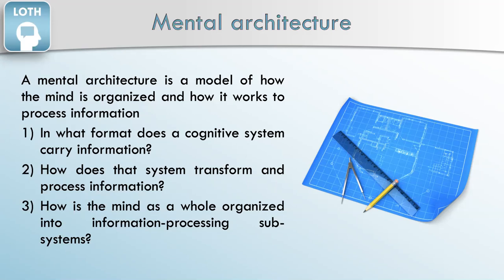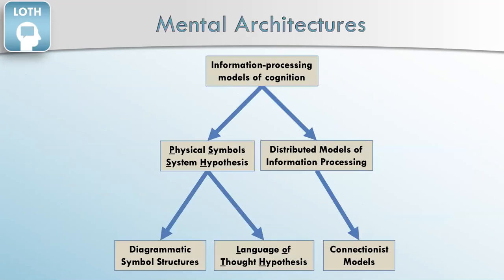We need to develop a mental architecture, we think, if we are to develop a full account or a general account of how the mind represents, which it seems like it does. So ideally, if we want to explain our experience, we need one of these.